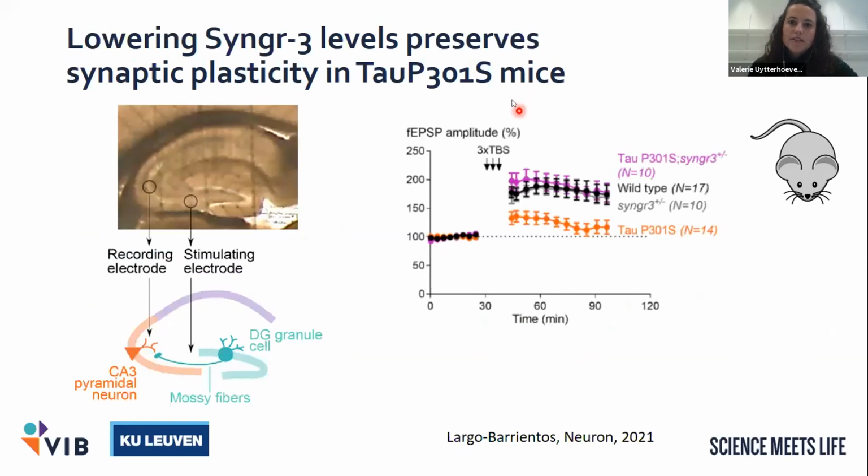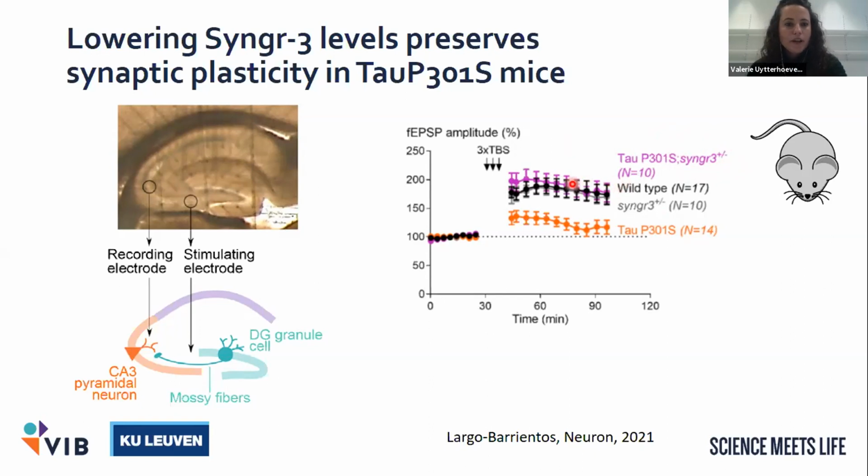We crossed these synaptogyrin knockout mice to the tau P301S mouse model, and we tested synaptic plasticity. We induced LTP, and there is no induction of LTP in the tau P301S mice, but when we lower synaptogyrin 3 levels in the tau P301S mouse model, we can induce LTP, and it's sustained over a period of 19 minutes.